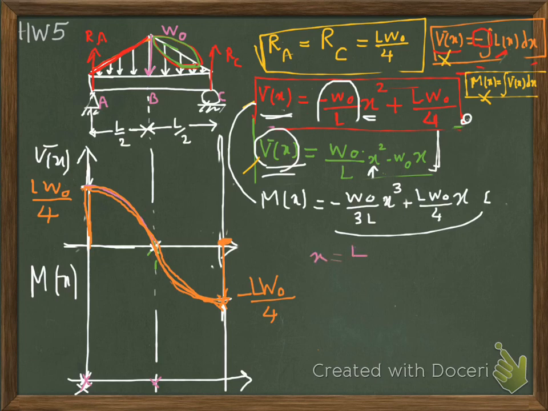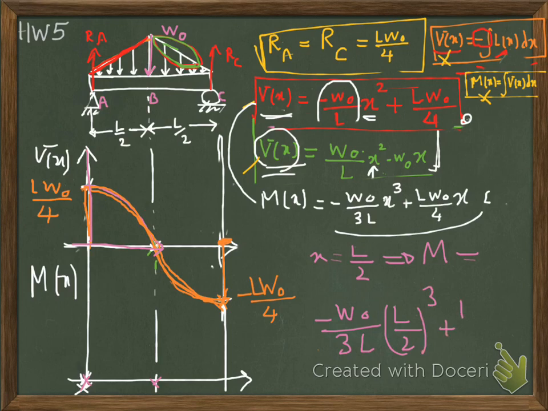So what happens at L over 2? Note our coordinate system, the one I just showed, integrated within that coordinate system. Putting that back in here gives us M being what? I'm going to use scratch paper. That would be L over 2 cubed, plus L w naught over 4 for L over 2.